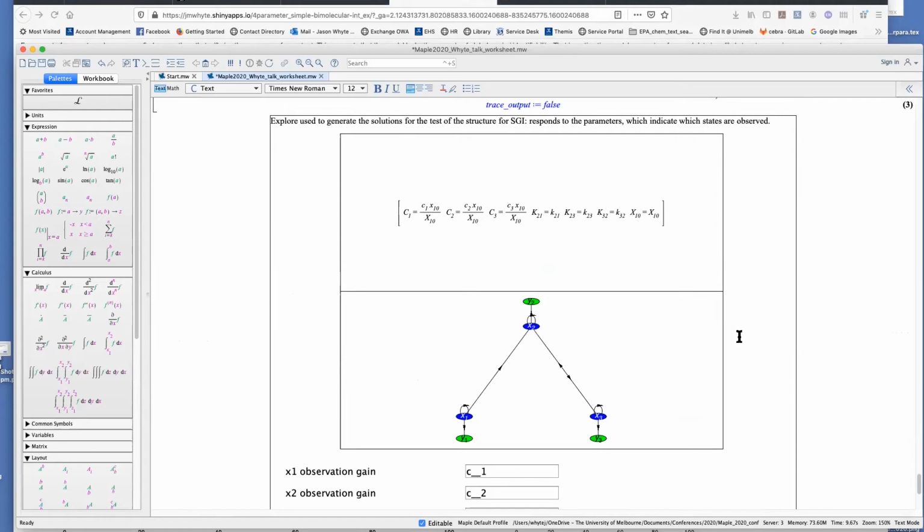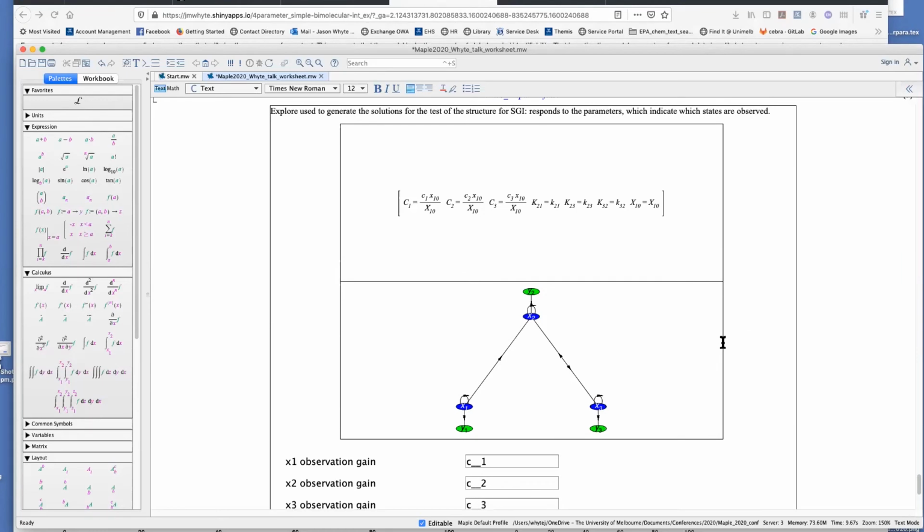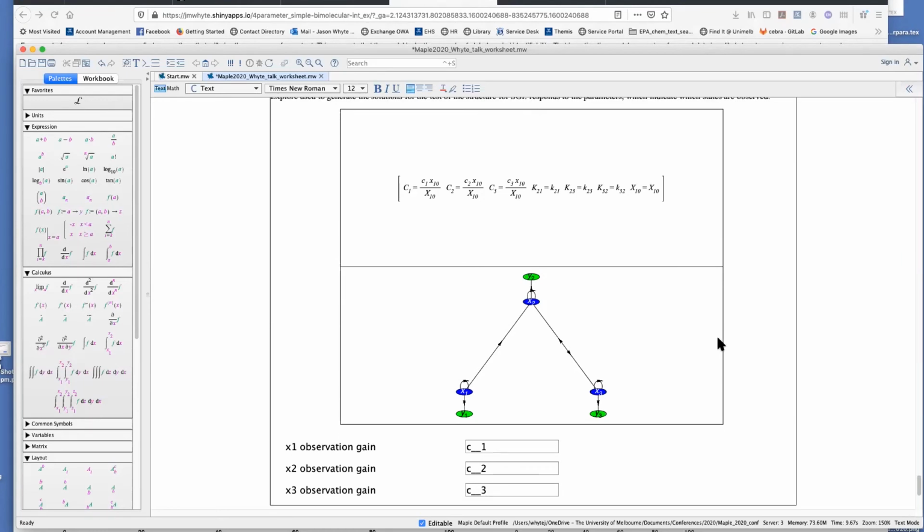I want to make them aware of the importance of identifiability. So to quickly talk you through this, it's an interactive block of code in Maple, where I assume that I have, say, 3 states connected by some ordinary differential equation system, and I'm able to observe all of those states. This is the output of solving for that equation 2, where I'm trying to find theta prime in terms of theta.